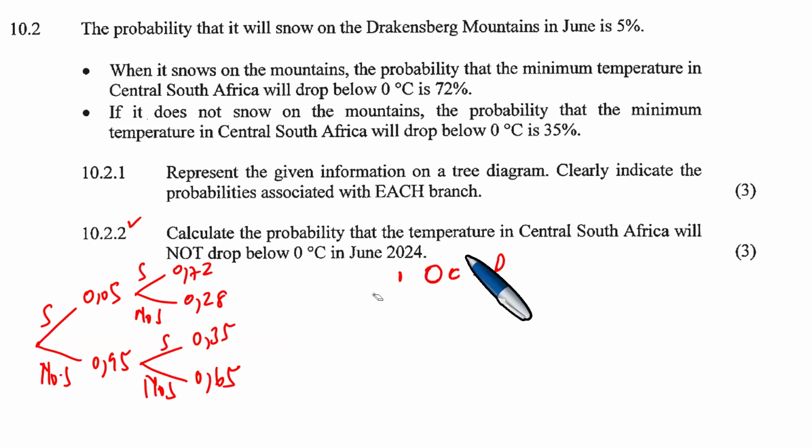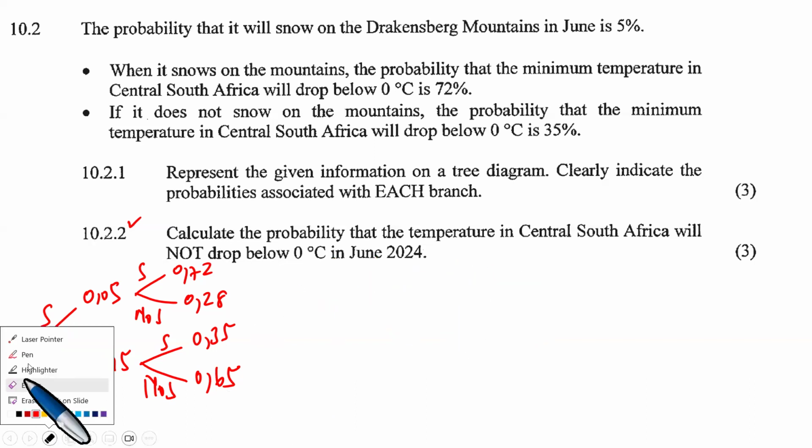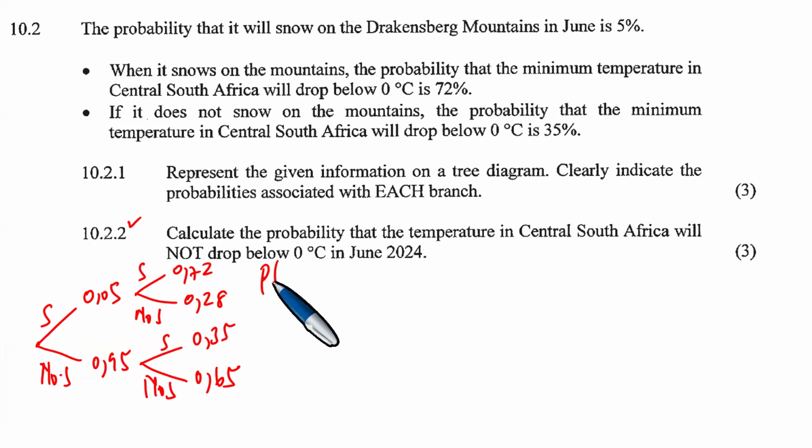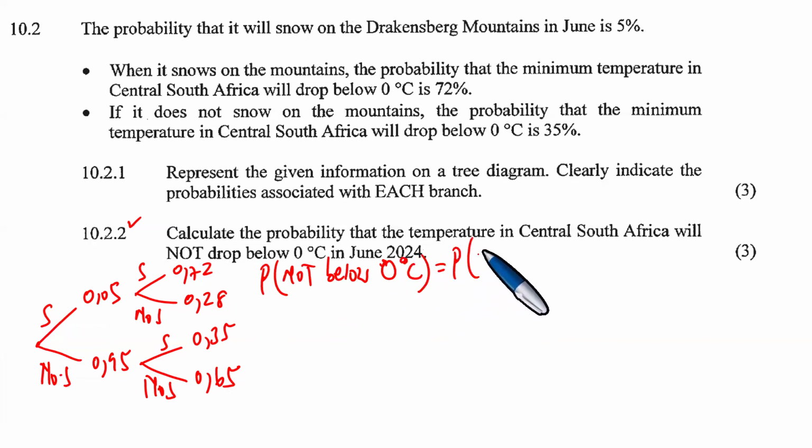I feel like I need to move this a little bit to the left, so that you have the probability of not below 0 degrees Celsius, which is the probability of snow, and not below 0, because the probability that it will snow is 5%.